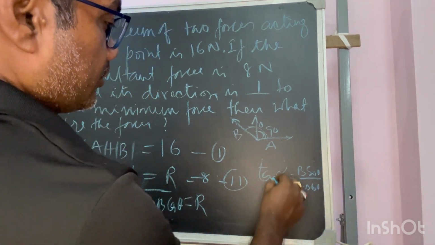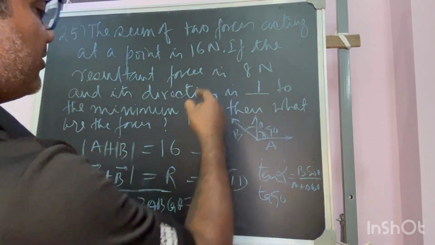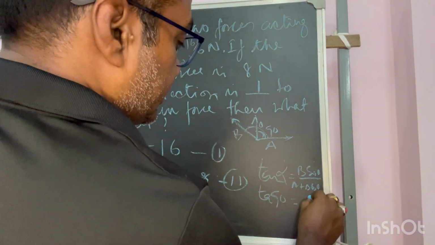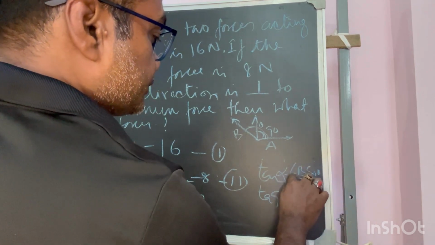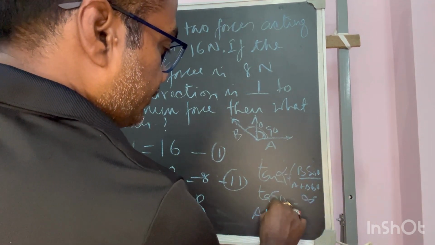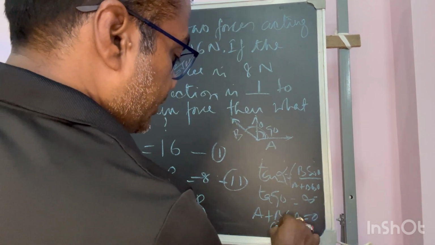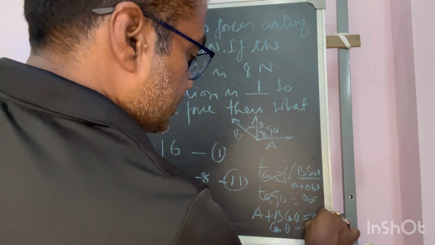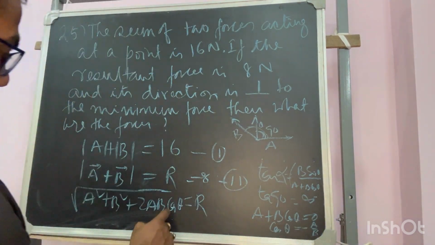That is the formula. Now tan alpha is equal to tan 90 as per the condition given. So tan 90 is infinite. For a fraction to be infinite, its denominator should be equal to 0. So from here, cos theta is minus A by B, which we can put here.